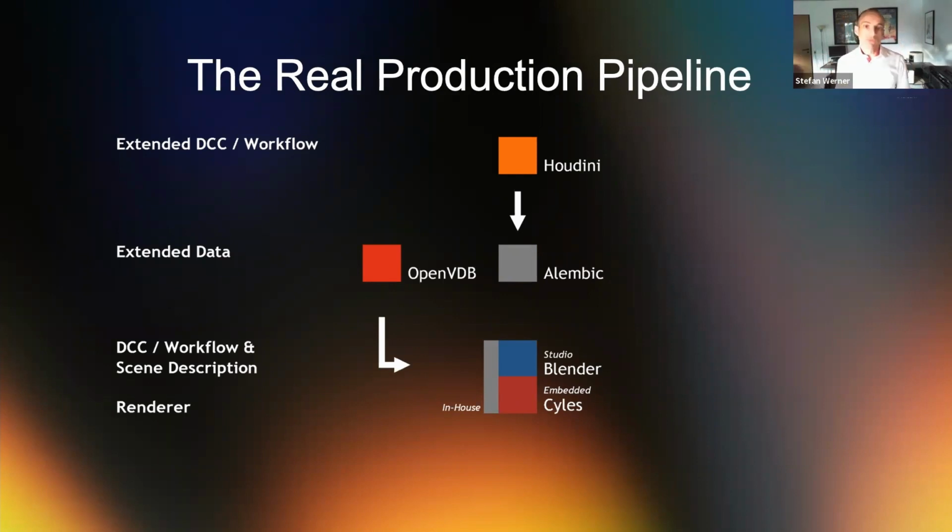And so Houdini was being used for certain effects in the show. Getting assets from Houdini to Blender meant we had to go through Alembic, OpenVDB, or other file formats, and then import those into Blender, where they would end up inside blend files, and then be rendered inside Cycles, in our own version, which again was built tightly into Blender.